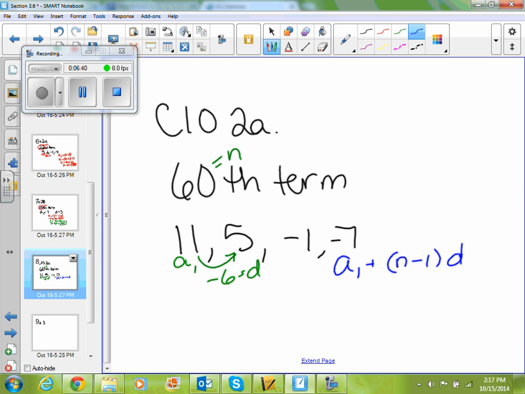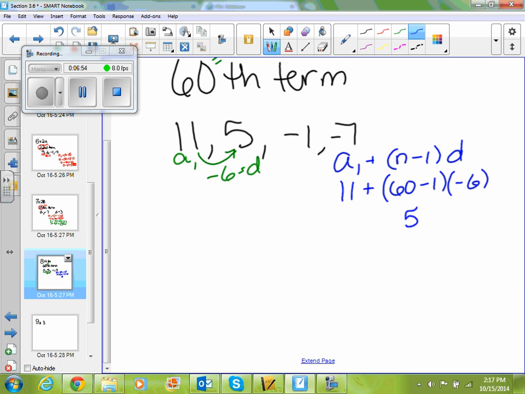So 11 plus 60 minus 1 is 59. 11 plus 59 times negative 6.